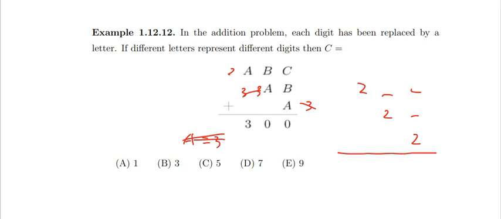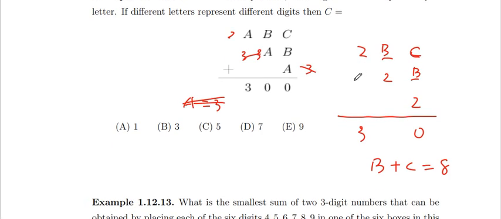Okay, so these 3 numbers added up is like 10, right? Or 20. And then this one becomes 3, so this should be okay. So C, let's say only one C. Okay, so B is, let's say B. So B plus C can be, so here's 0. So B plus C can be 8 or 18, right?